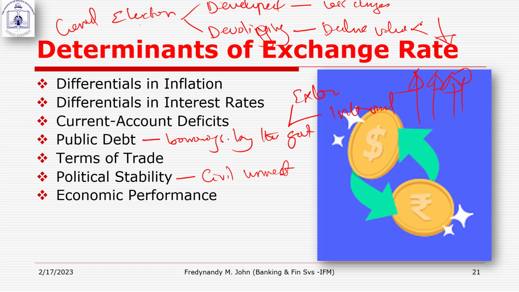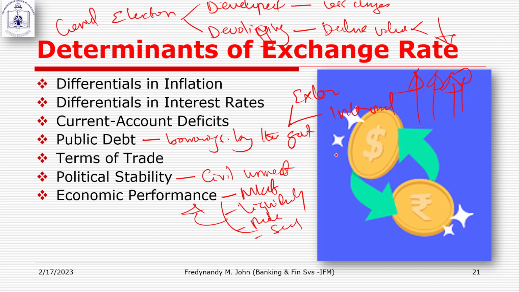Economic performance. If you have a very good market in your country, availability of currency, that means liquidity, okay? Rules and regulations, security, then your country's economy will perform very well.